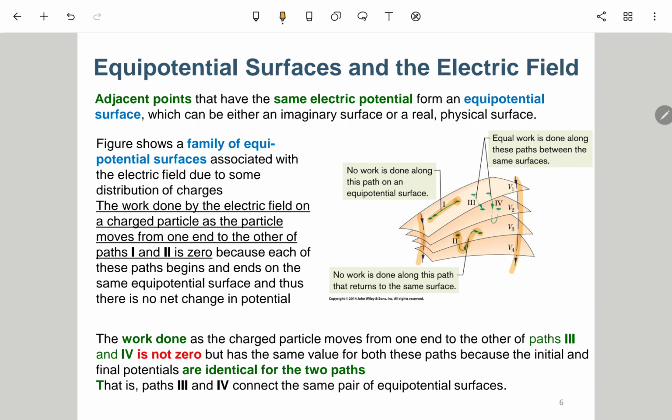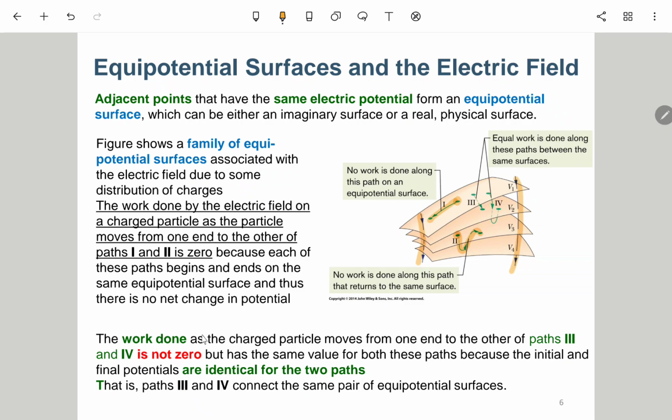It doesn't relate to the path, whether you move along the same potential surface, or you move from here to there and then go back. It just relates to the starting point and the end point. Both points are on V3, the same equipotential surface, so there's no electric potential change, and no work done.